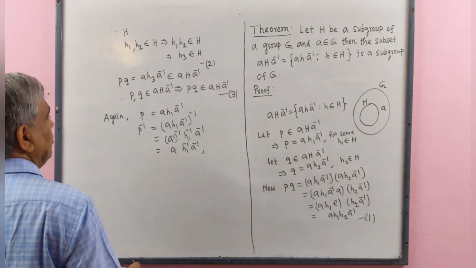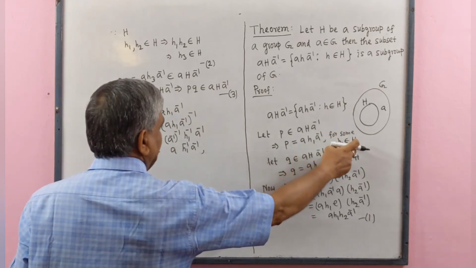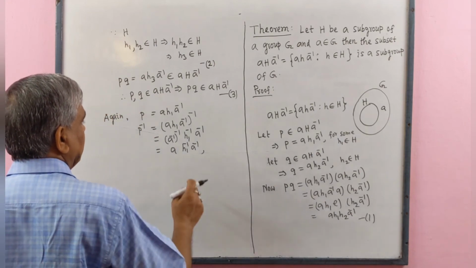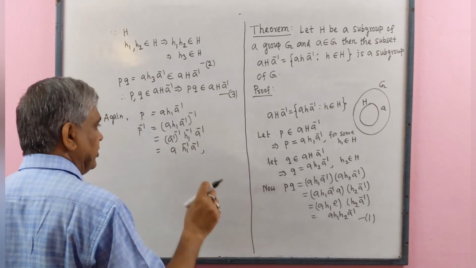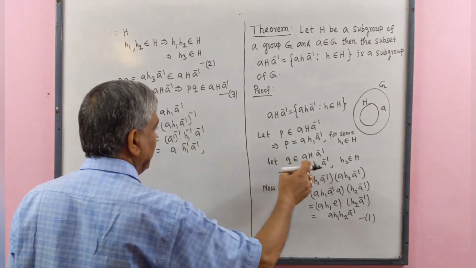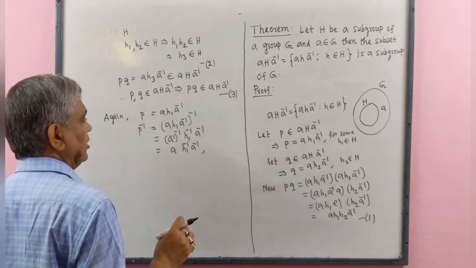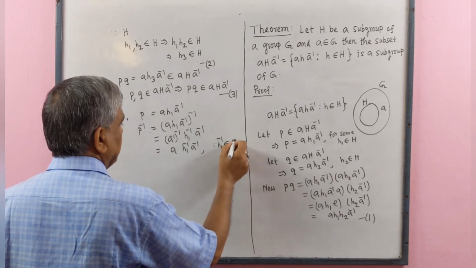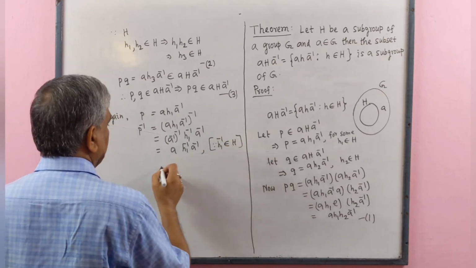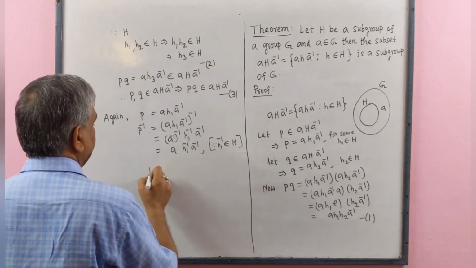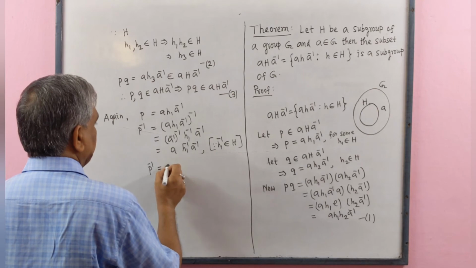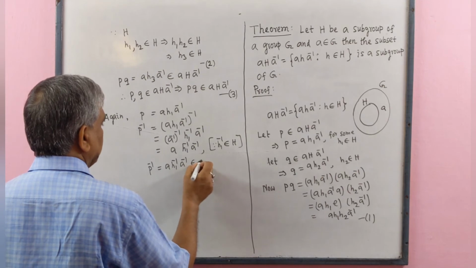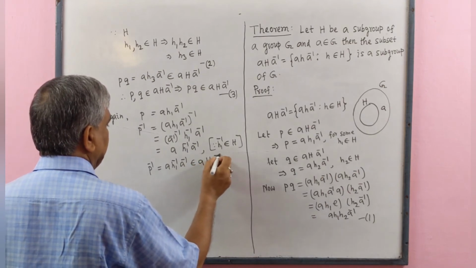Since h1 belongs to capital H and capital H is a subgroup of G, therefore each element of capital H must have an inverse. Therefore h1⁻¹ belongs to H. This means p inverse equals a h1⁻¹ a⁻¹ belongs to aHa⁻¹. Let this be number 4.